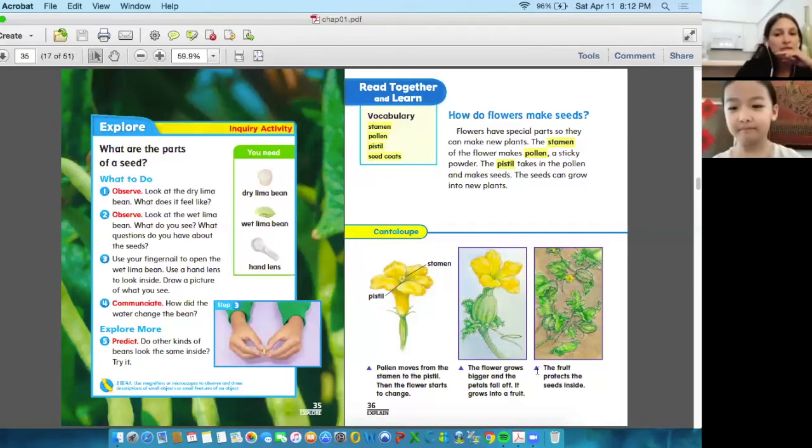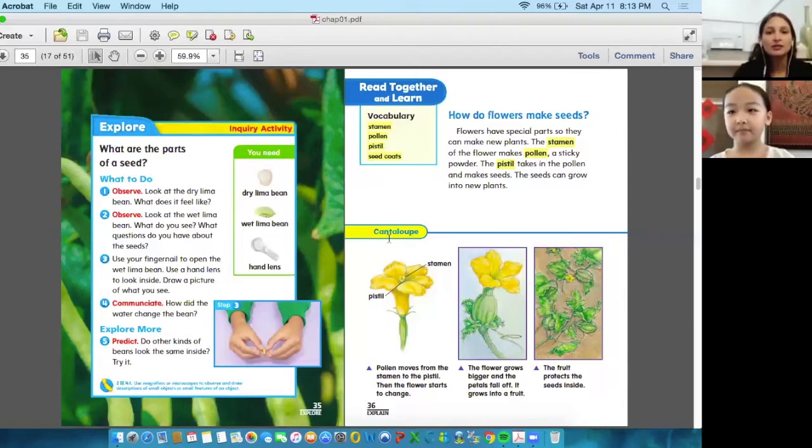Yeah. So let's see, can you read this third one over here, please? The fruit protects the seeds inside. Okay, so we read about that last time, right? All the seeds are inside, and that way the wind or rain or anything won't hurt them. They're safe inside. Yes, very safe.